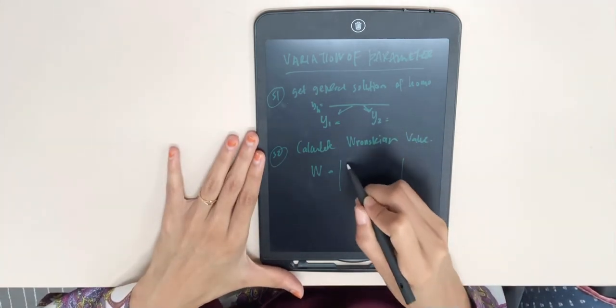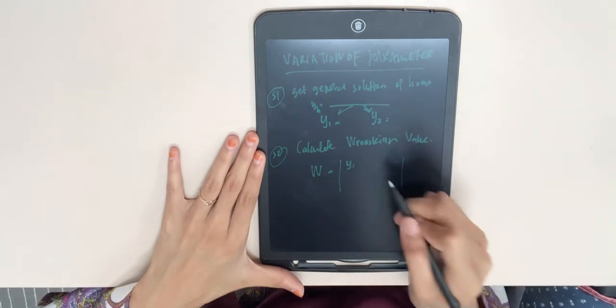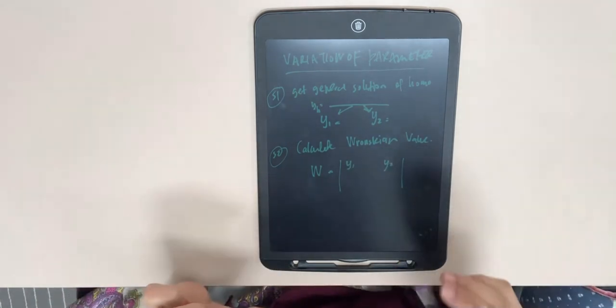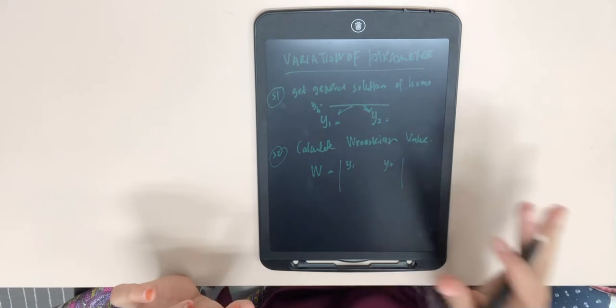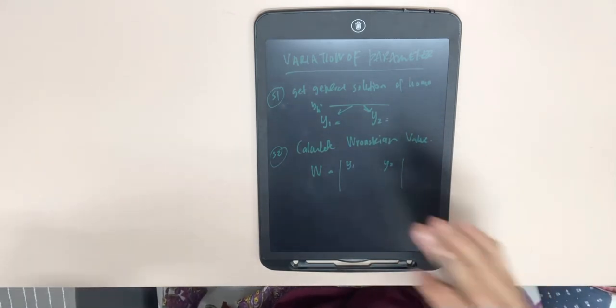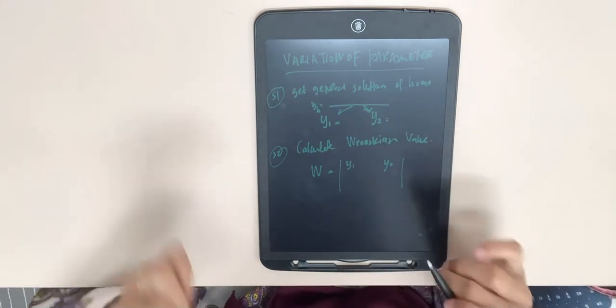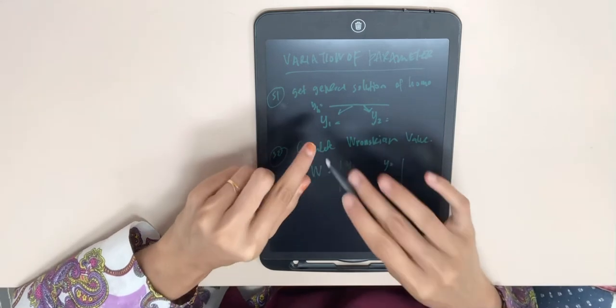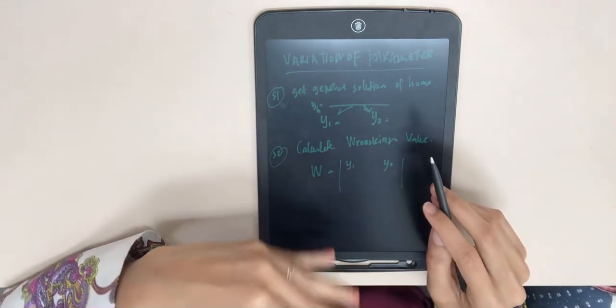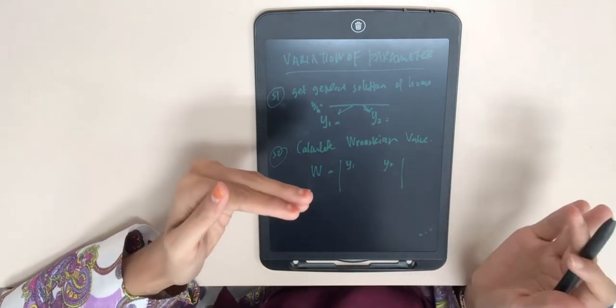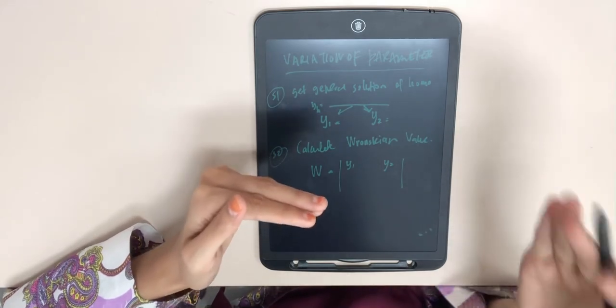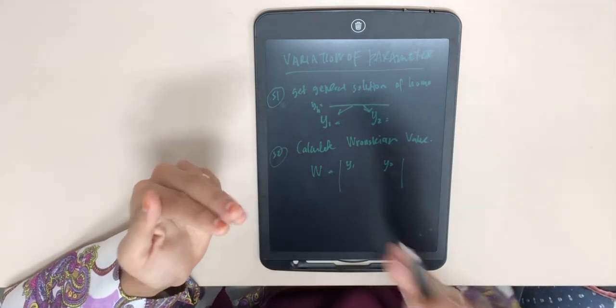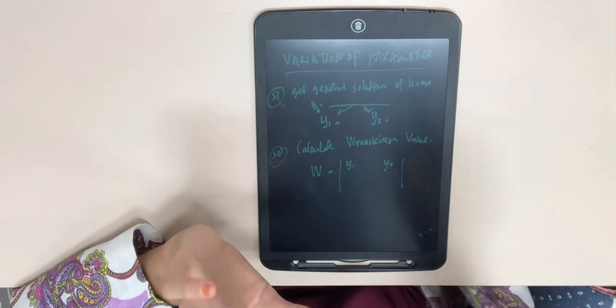Now this is your Y1 and this is your Y2. Maybe some of you will ask, you can actually switch Y1 and Y2. Maybe I will write Y1 as A and Y2 as B, and some of you will write Y1 as B and Y2 as A. It's not a problem.